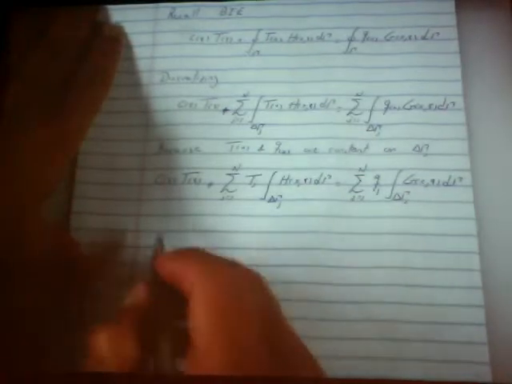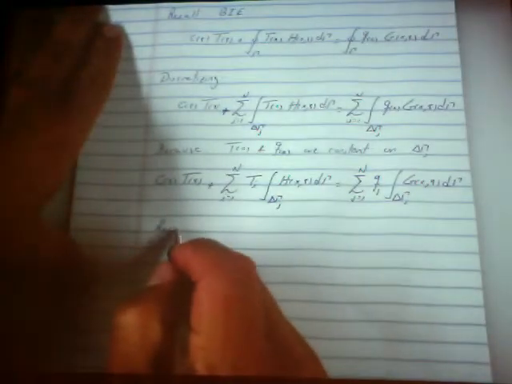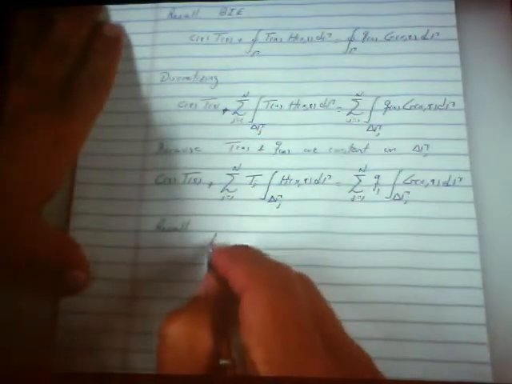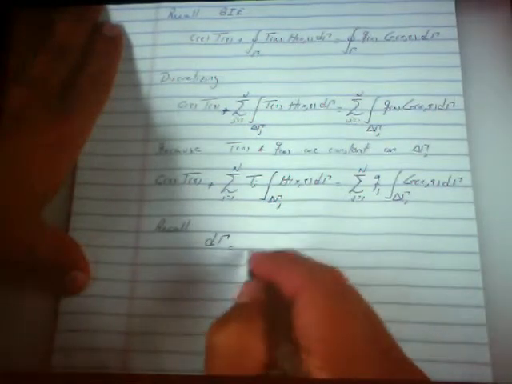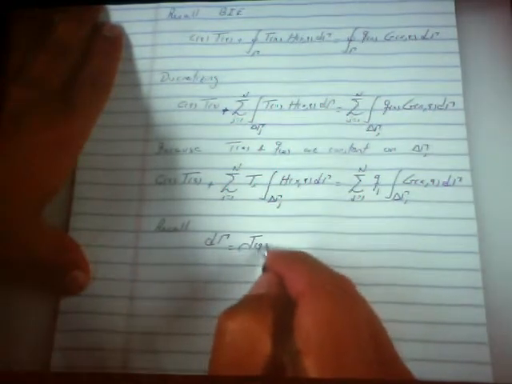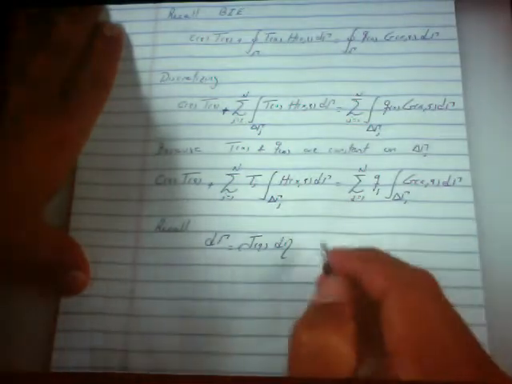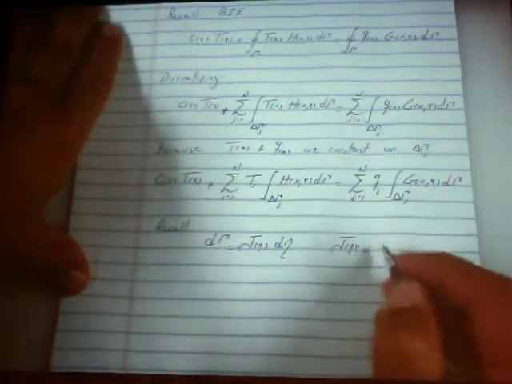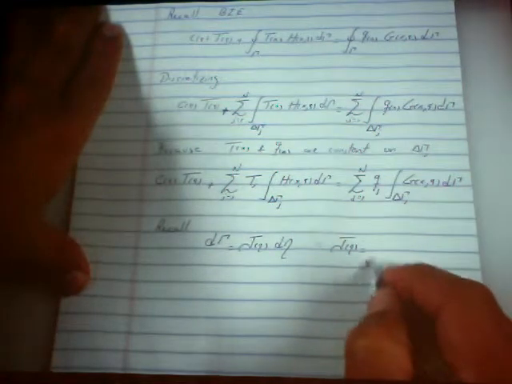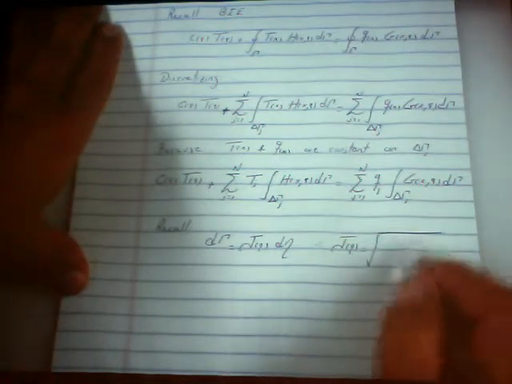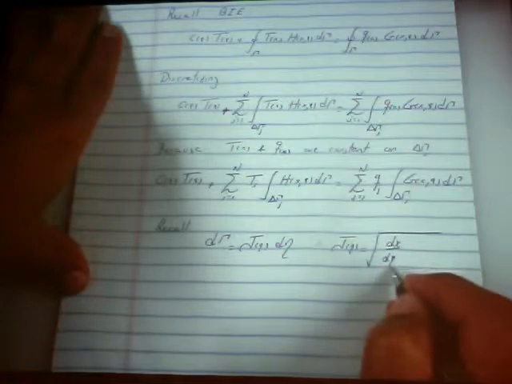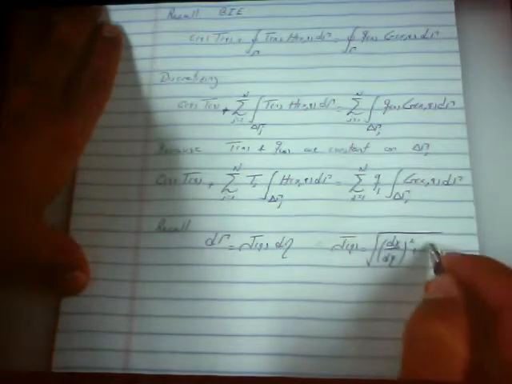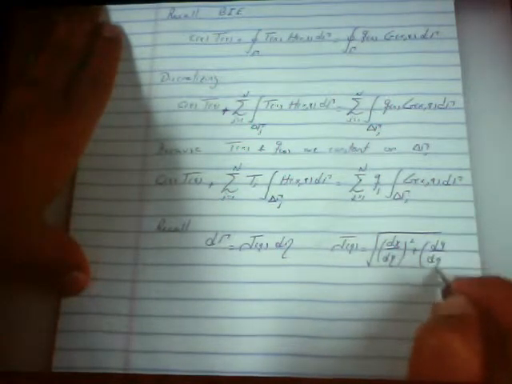So recall d gamma is equal to the Jacobian of the transformation times d eta, such that the Jacobian of the transformation is equal to the square root of dx d eta squared plus dy d eta squared.